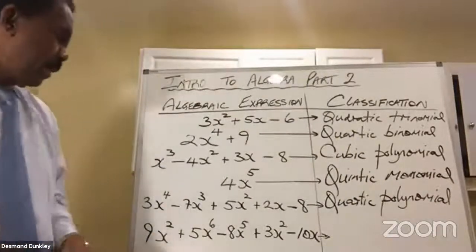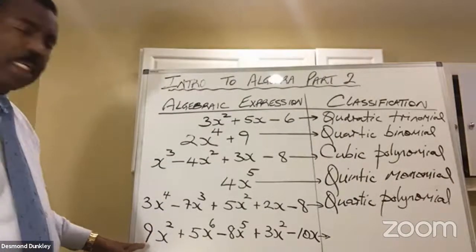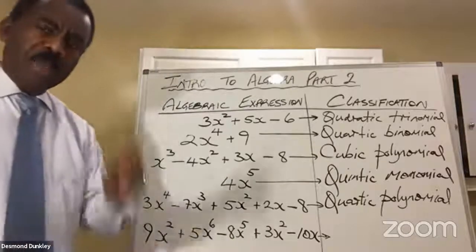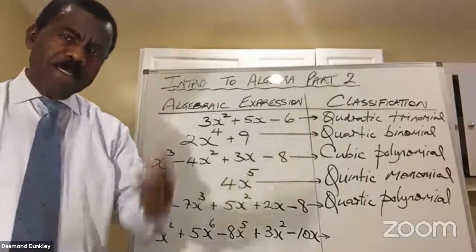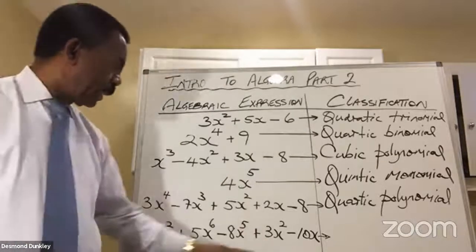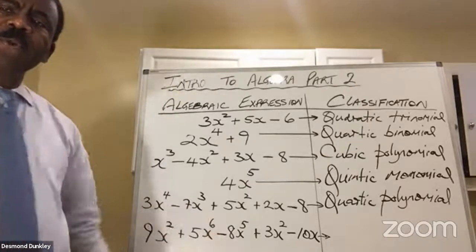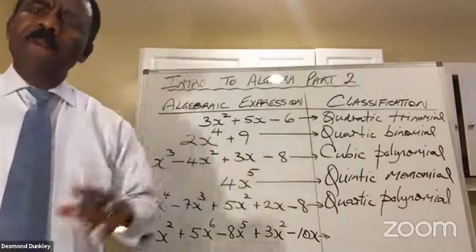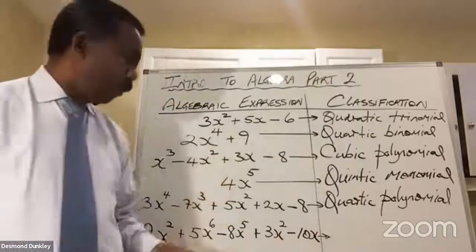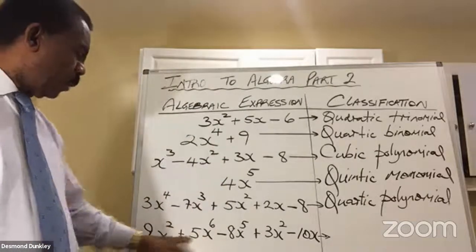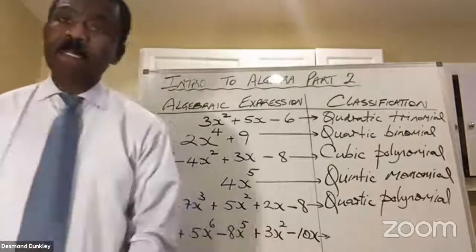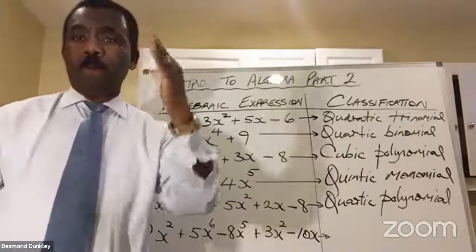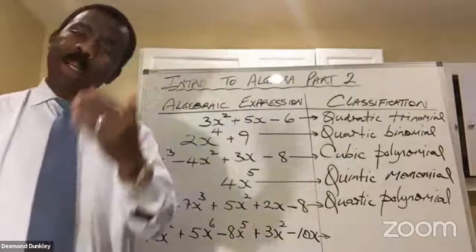And finally, we have the degree of this one. Remember, the degree is the highest exponent. So what is the highest exponent? It is a 6. So we did not classify anything beyond 5. This is 1, 2, 3, 4, 5 terms, so it's 4 or more. So it's a polynomial.